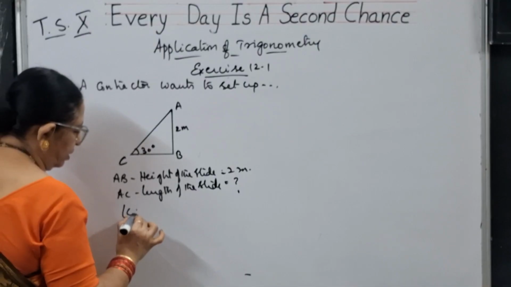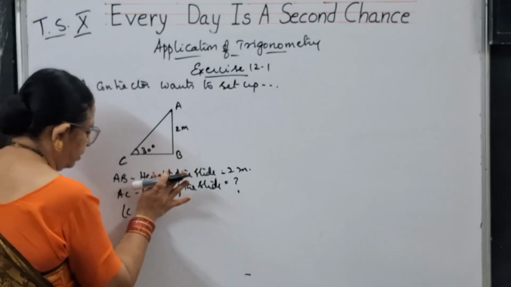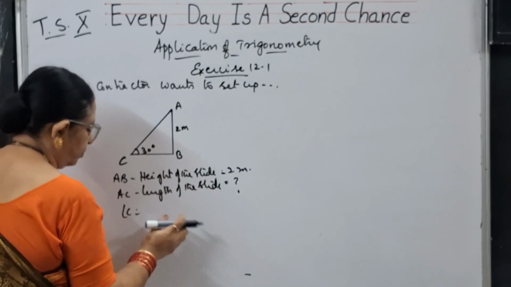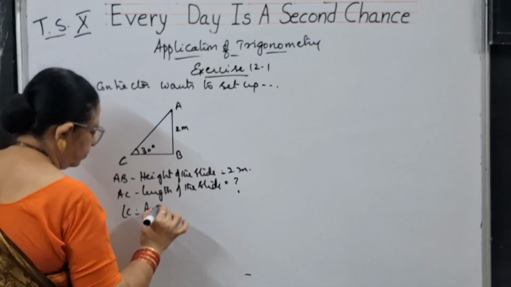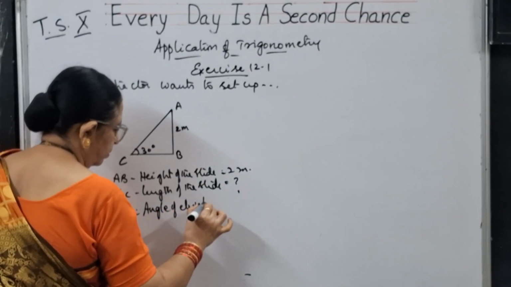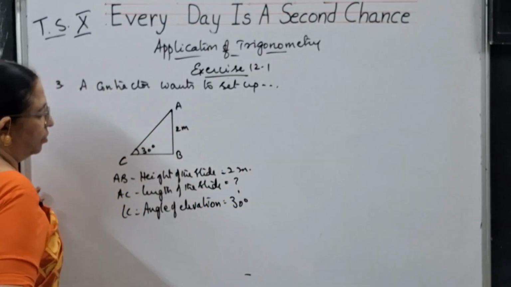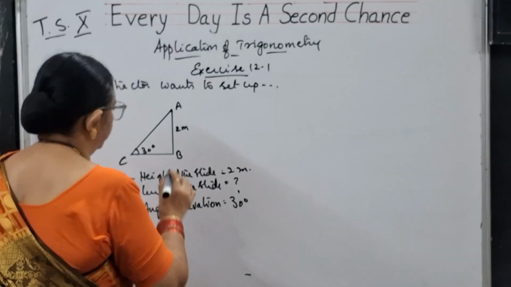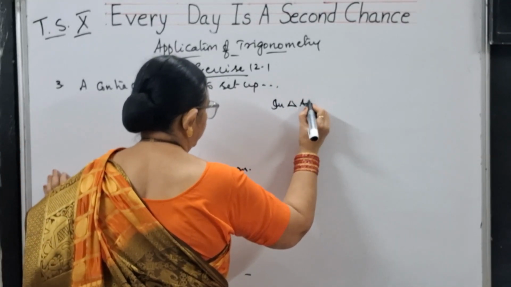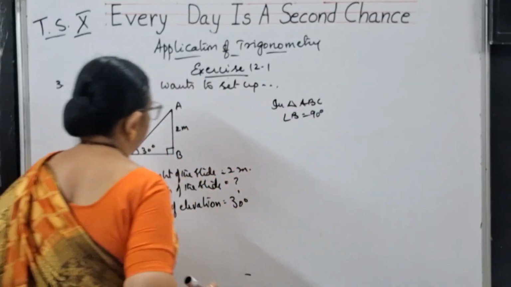Angle C is the angle of elevation, and that is equal to 30 degrees. So let us go for the problem. In triangle ABC, angle B is equal to 90 degrees.